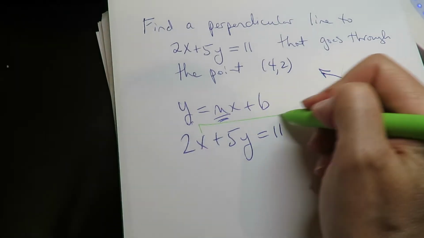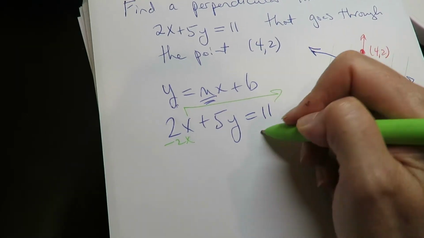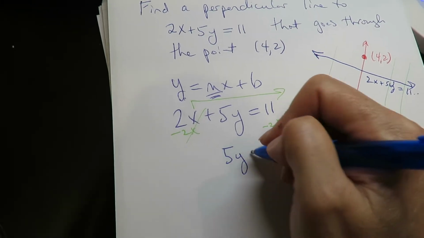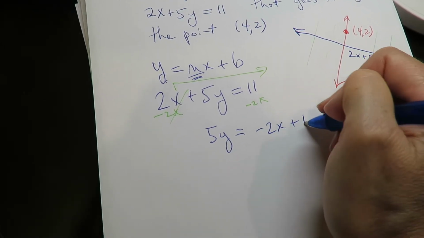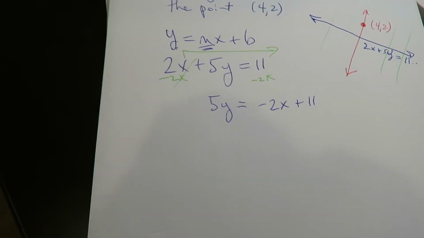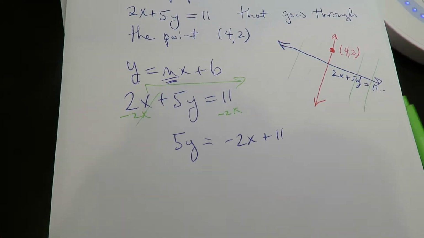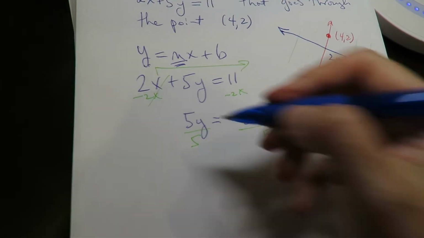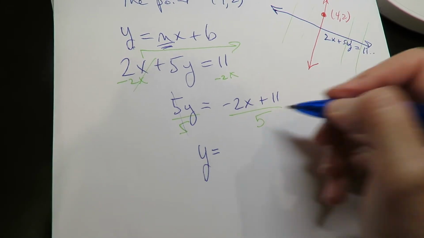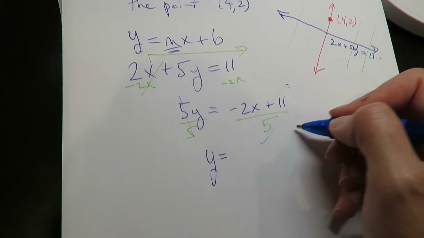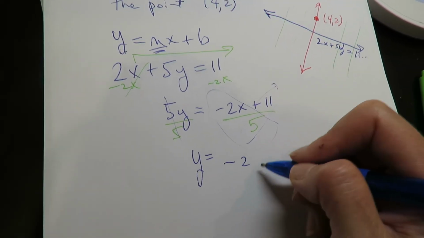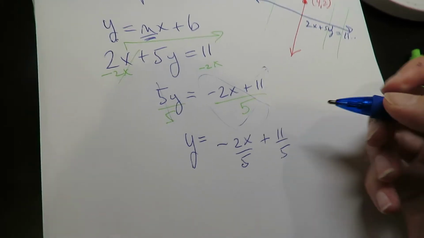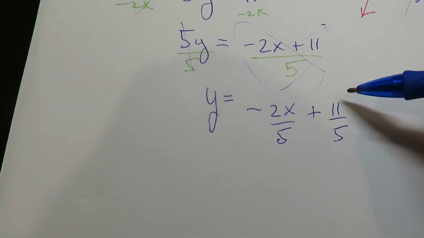So the first thing you want to do is move the 2x to the other side, and then you're going to divide this by 5. Now this 5 belongs to both of these.